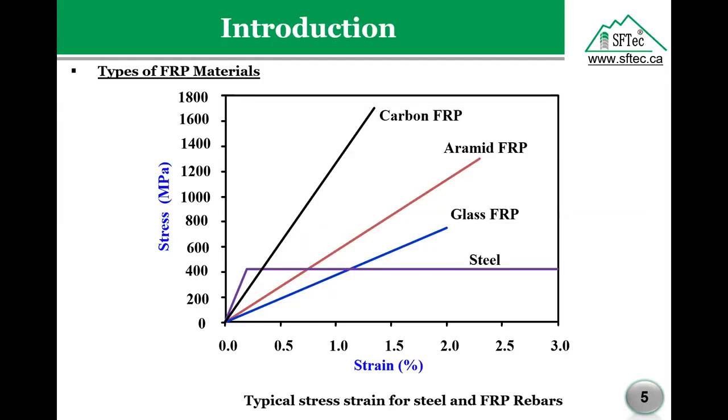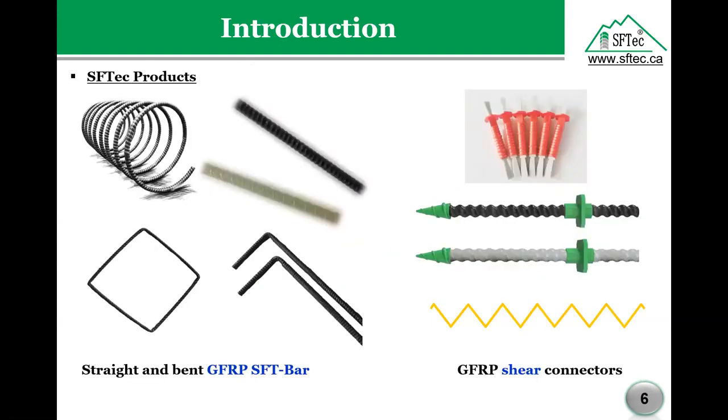And if you compare them to steel, you will notice two things: that glass, being the least strong between the three, the aramid and carbon, is already 2 or 3 times better in resistance to stress than steel. So it has 3 times the tensile properties of steel. And also the second thing you will notice is that they are linear up to failure, while steel yields, it has ductility.